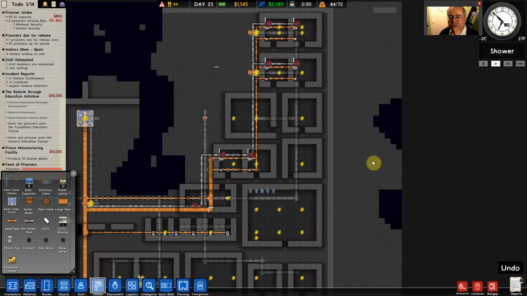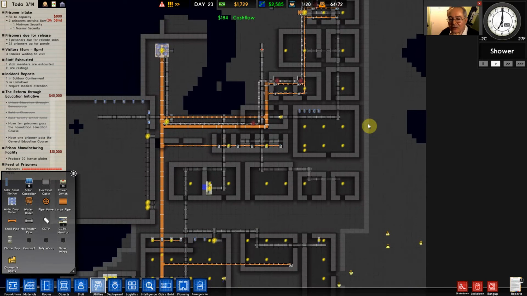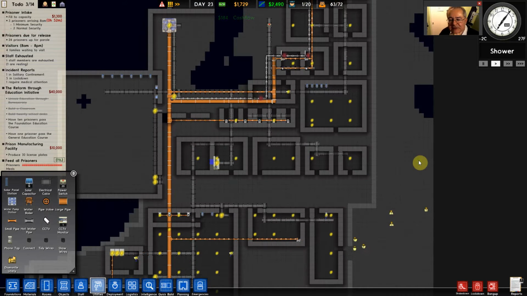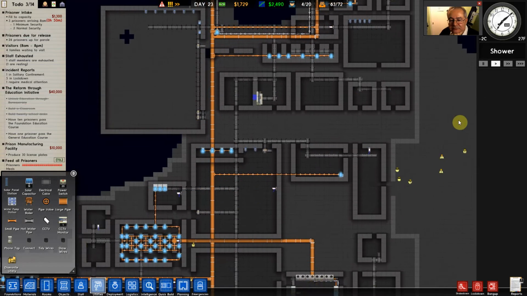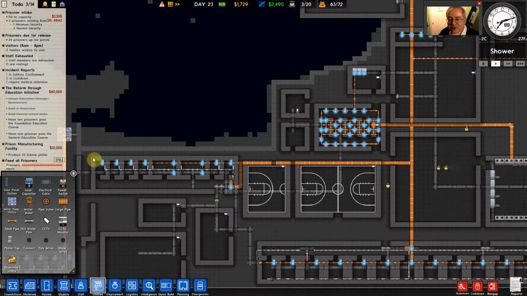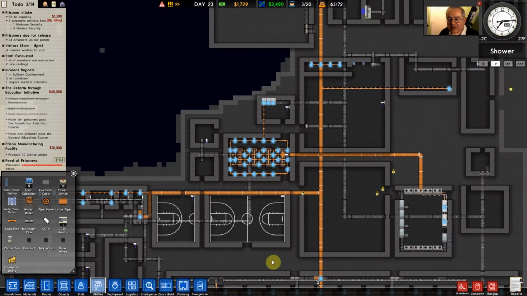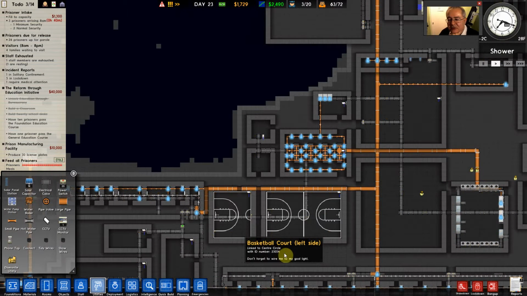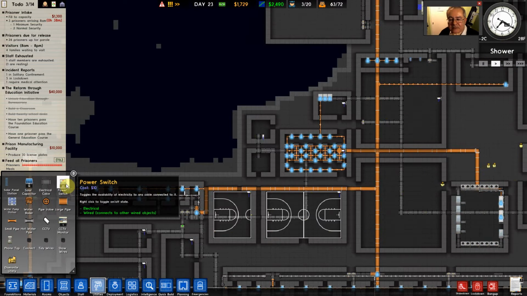What I can do, I suppose, is connect up... it's hard to reconfigure it all, actually, because when I switch on the solar panel, when I get it eventually, this is all going to be crunched, isn't it? Let's suppose power is all coming from over here now. So there's a switch there to cut them off. These guys are all unimportant, so I can put a switch in there as well.